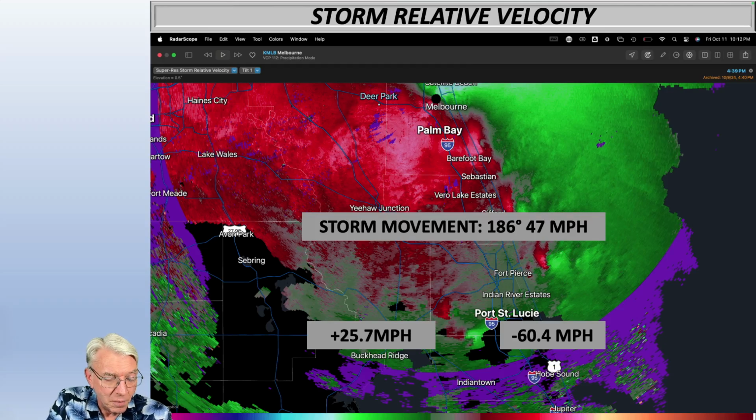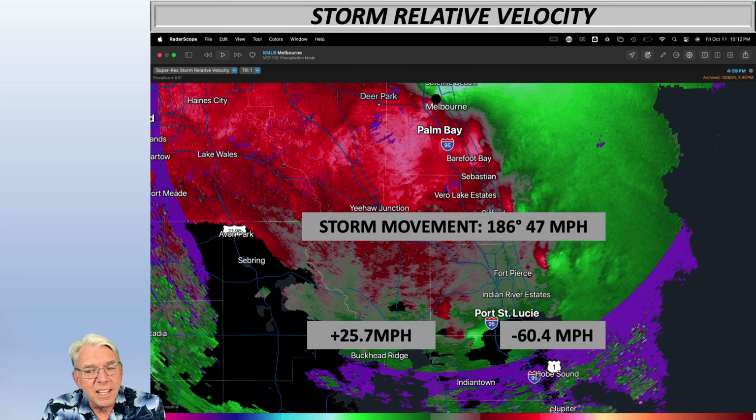On the other side, that minus 20 that was coming toward the radar, well, if the movement of the system is 47, then that means the storm is not generating any inbound wind at all. It's actually generating an outbound wind, okay? And if you do the 47 exactly, you should get plus 27, and we get plus 25.7. So there's probably a little bit of an angle coming in there that's making those numbers not exact, but it's awfully close.